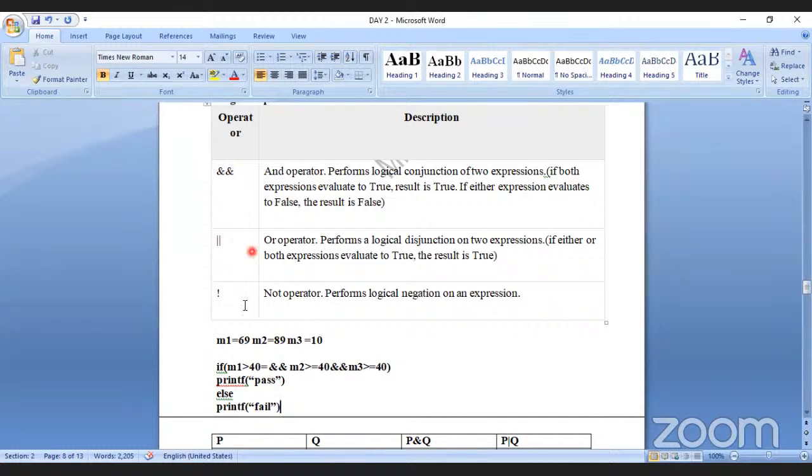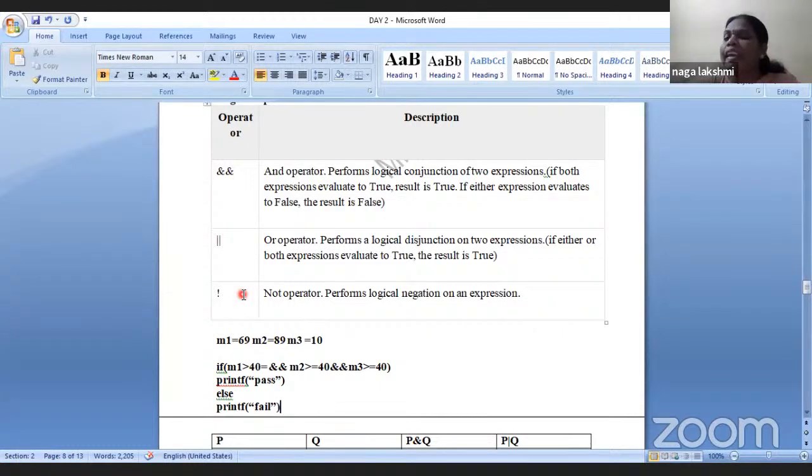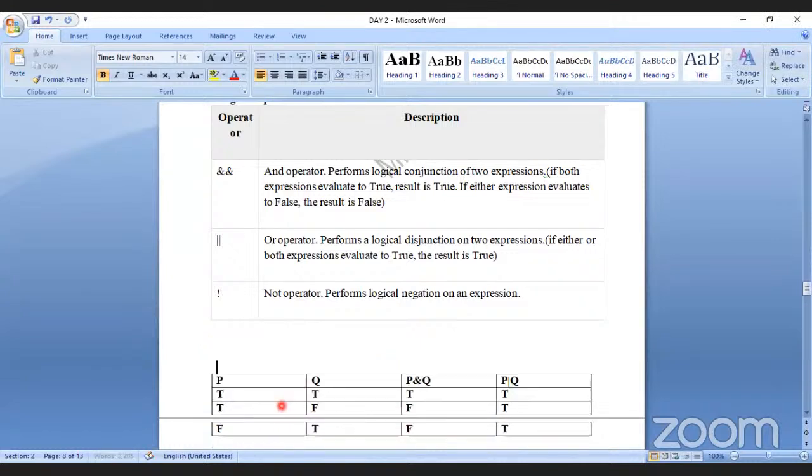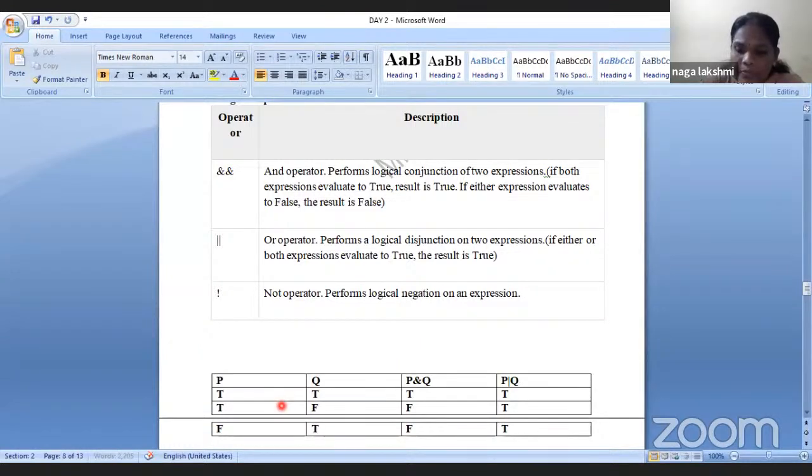Next one is the not operator. It's like a negation, a reverse. If I take one value, automatically it's going to be 0, and 0 if I take 1. Now A is not equal to B, sometimes I want to check. Shall I write this? Yes, ma'am. Now I have taken A value as 30 and next B value as 30.